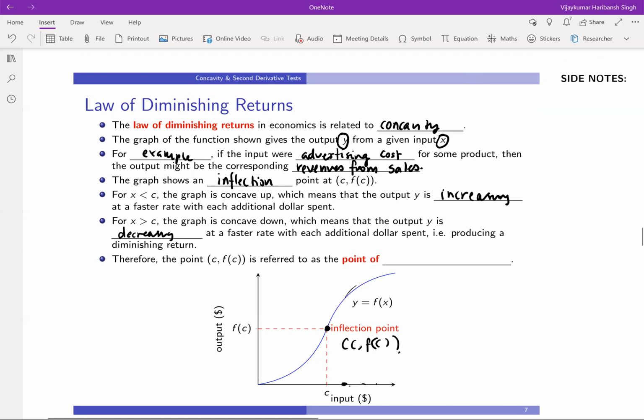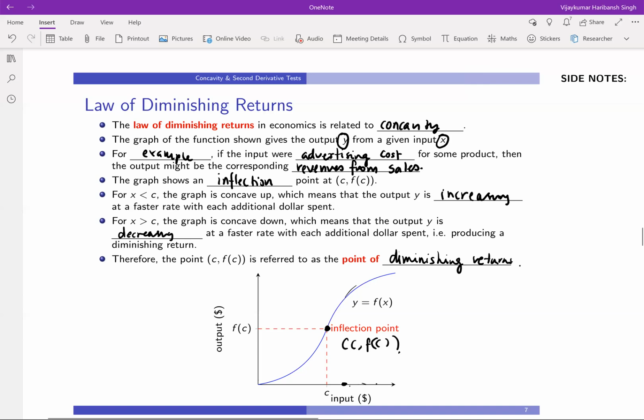All right. So the return is still positive, but the rate of output is decreasing, right? So therefore, point C comma f of C is referred to as the point of diminishing returns.